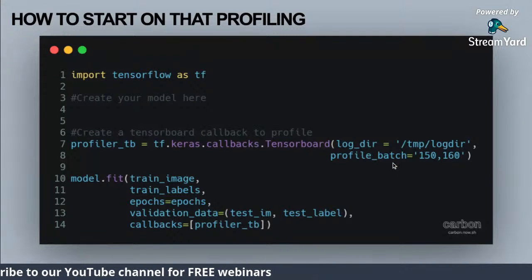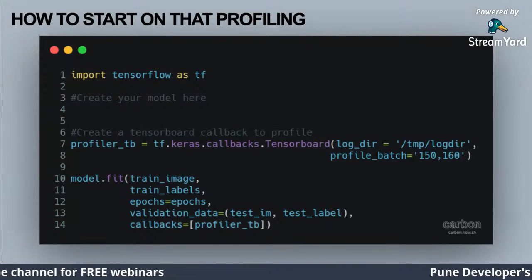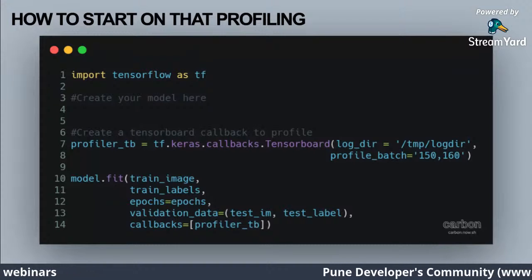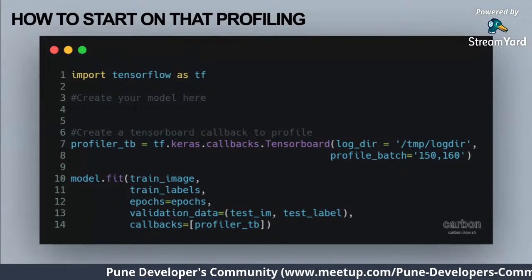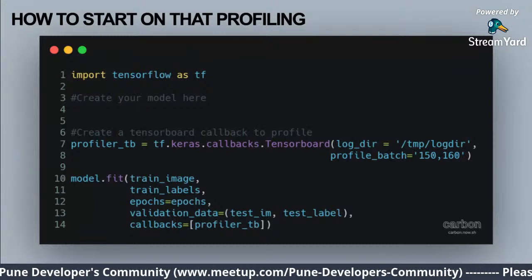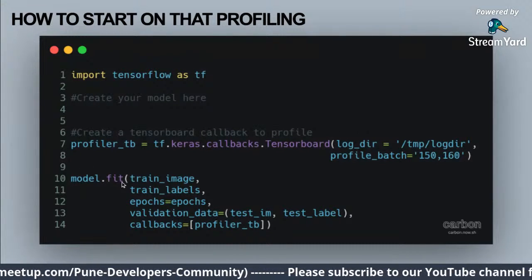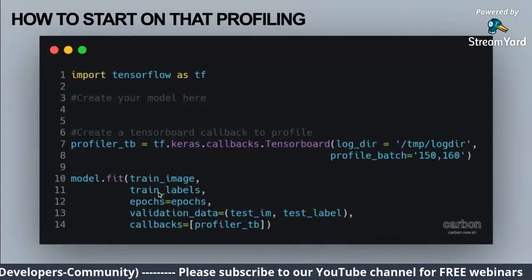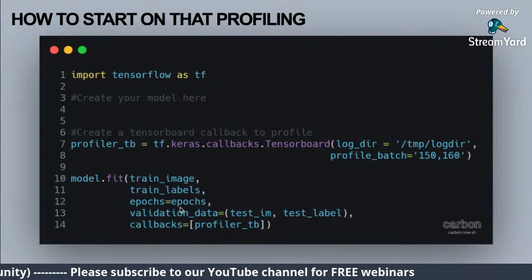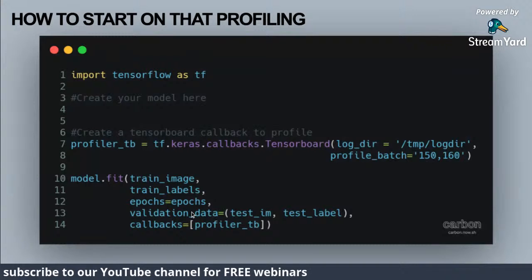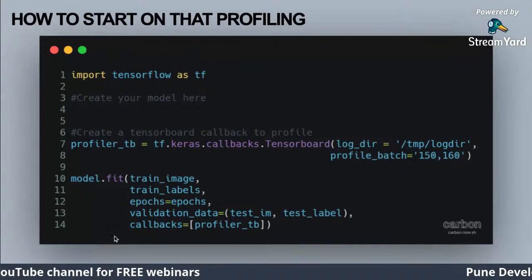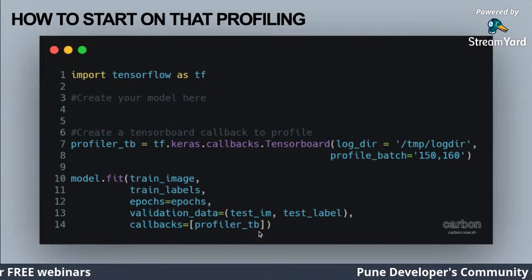And profile_batch, which is to understand which batches of this training you want to profile. After you've defined this callback, you just call model.fit, pass the training images and labels, define how many epochs you want, mention your validation data, and define the callback.